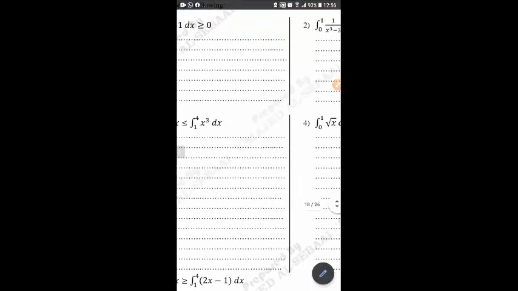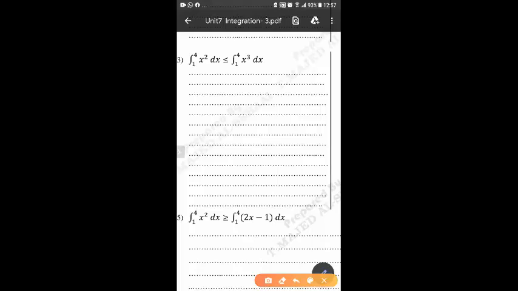Now I need to use that part of the theorem to prove this. How? See how I will do that. I will say x squared minus x to the power of 3. Factorize this. This will be x squared bracket 1 minus x.